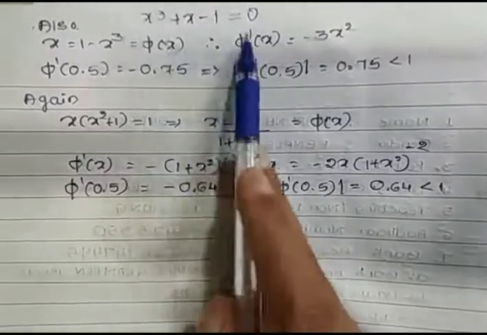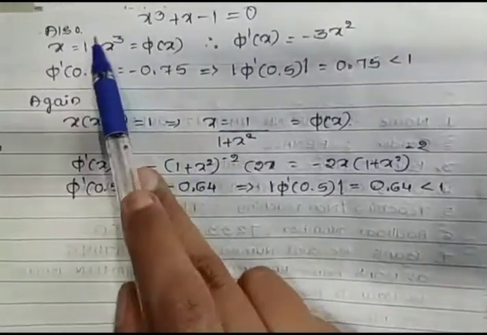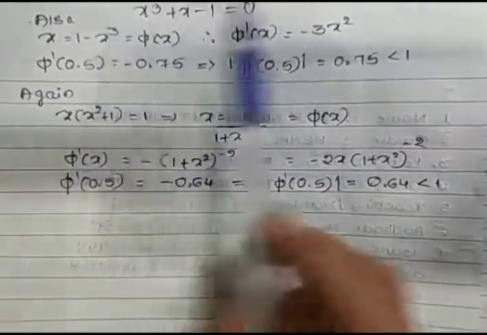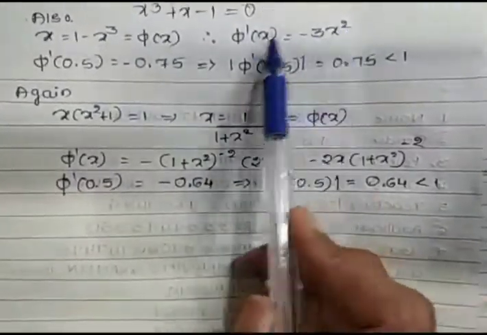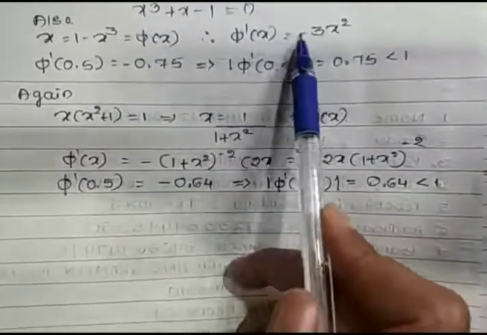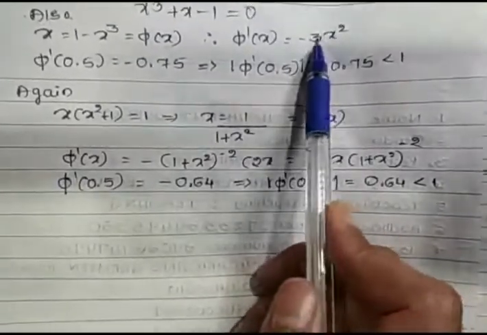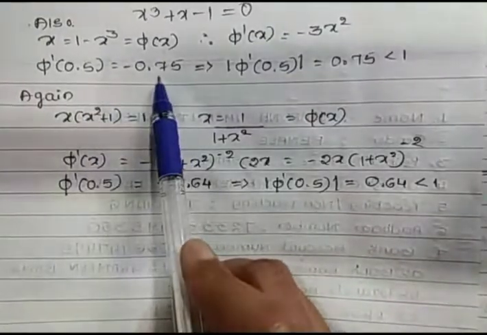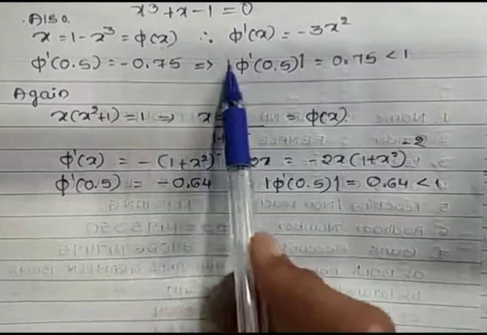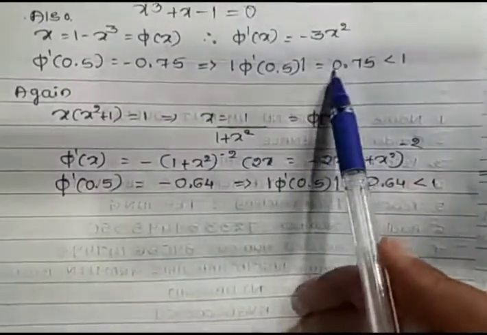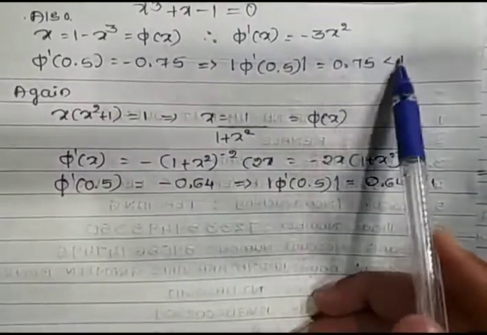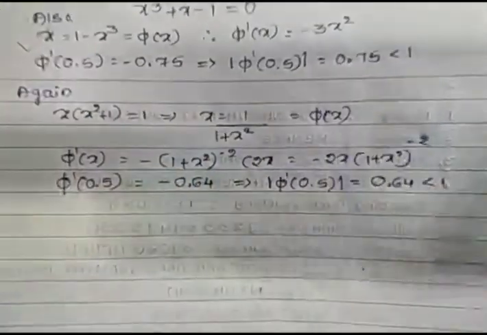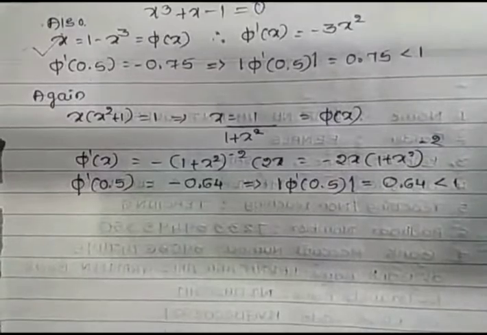Then its derivative. Derivative of 1, 1 is constant, therefore its derivative is 0. Then minus x cube derivative is minus 3x square. So here phi dash of x will be minus 3x square. In this, replace x value as 0.5, you will get minus 0.75. After taking its modulus, this will be 0.75, which is less than 1. So this equation also gives us an answer less than 1.